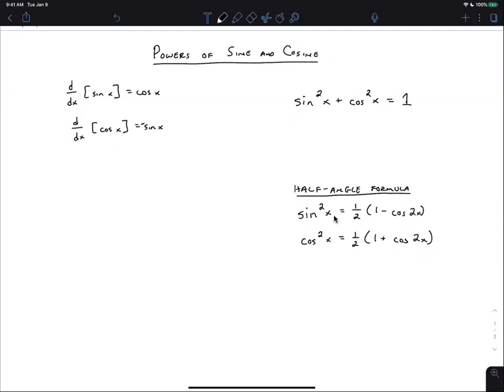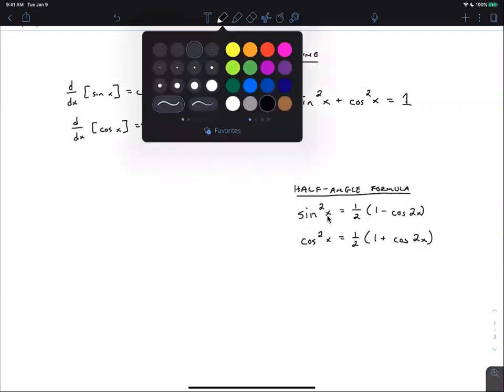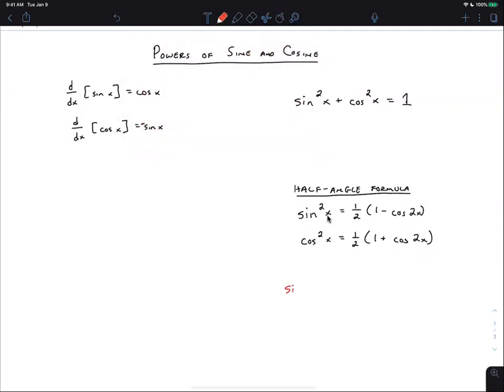One other thing I want to say about the identity. If you're not already, look at the screen for just a minute. The identity is relatively easy to use, but you have to think for a second about, if this is sine squared of, say, 3x. So if I have sine squared of 3x, then what the identity is saying is, if this is 3x, then this would be 2 times 3x.